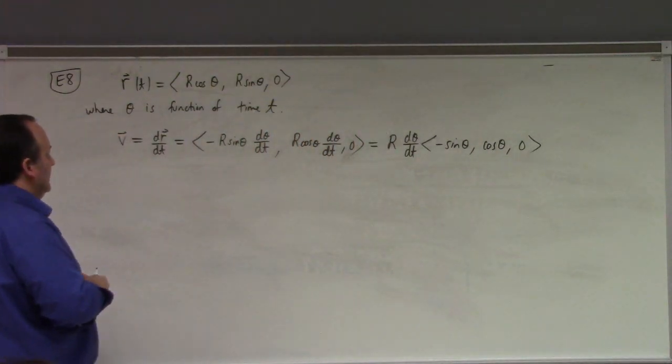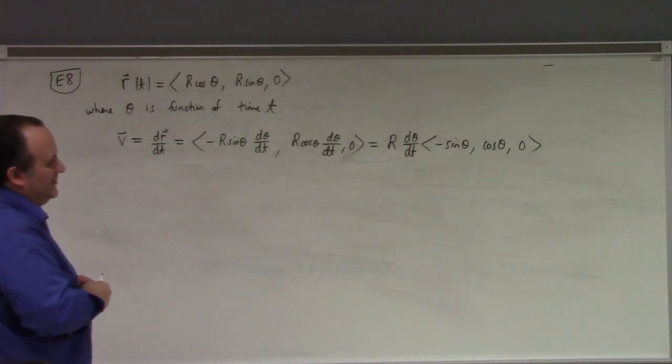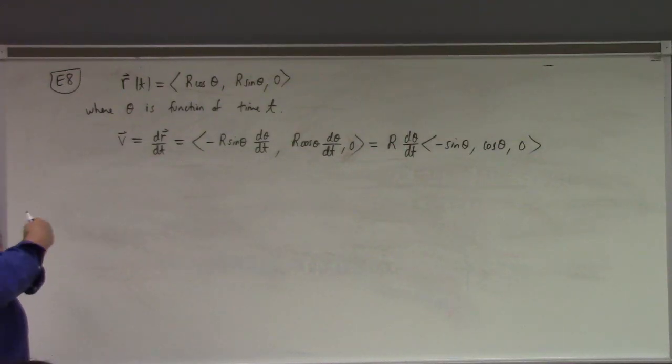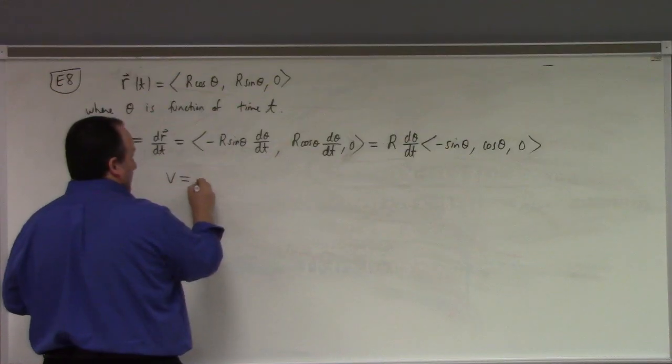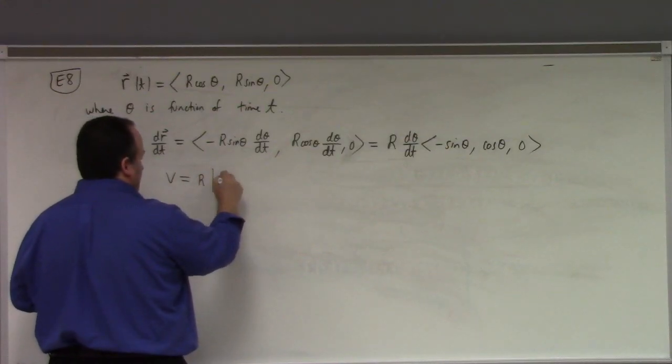Now, okay, fine. To be fussy, the speed is what? It's r times the absolute value of d theta dt.